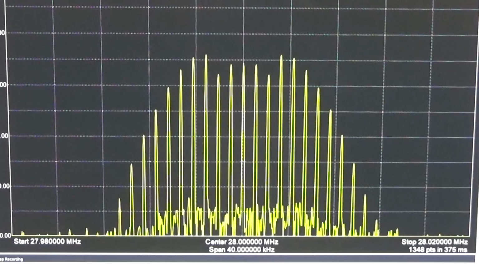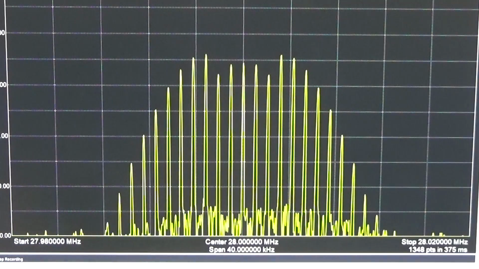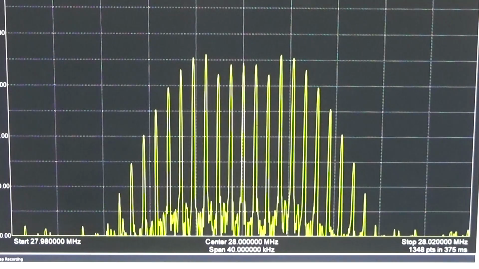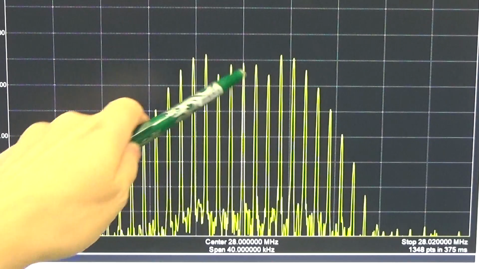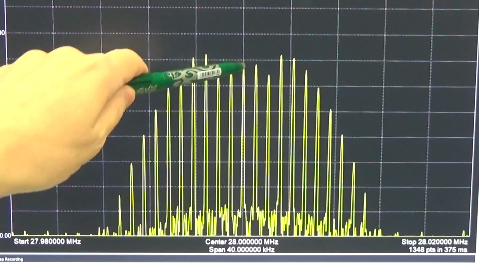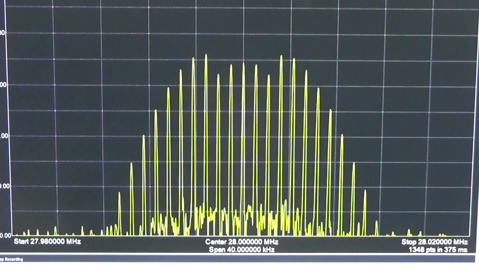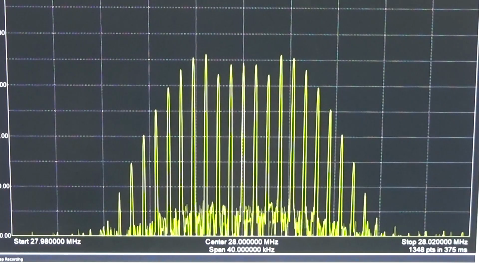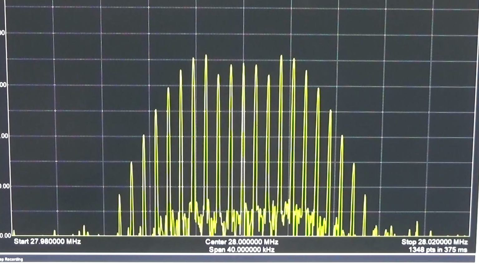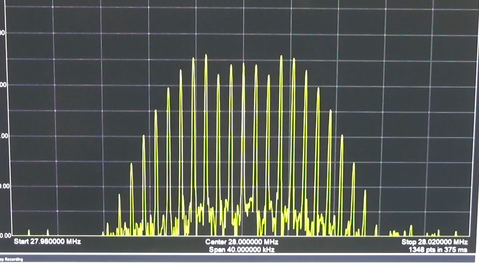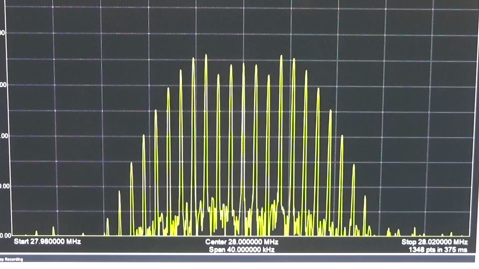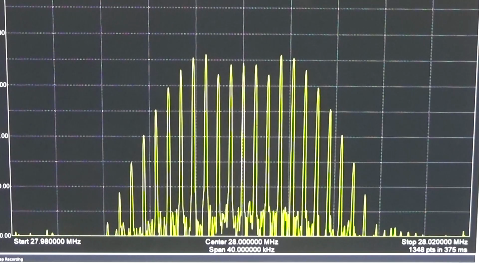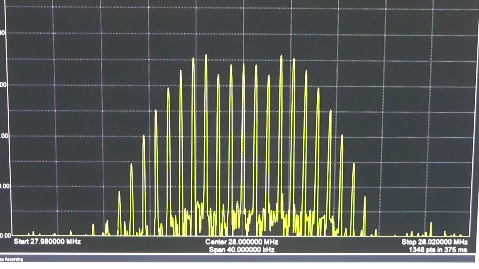Okay, and when we already played around here with our audio frequency, we have seen that our center frequency, so our carrier 28 megahertz, the amplitude is going up and down. And that is simply indicating that there is a 0 point of our Bessel function.